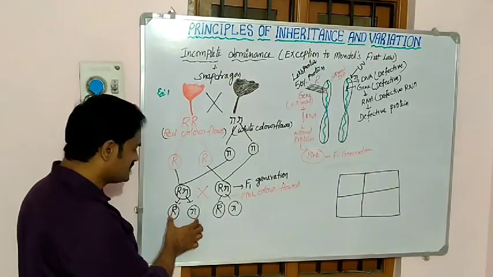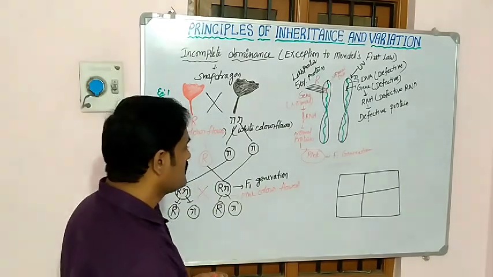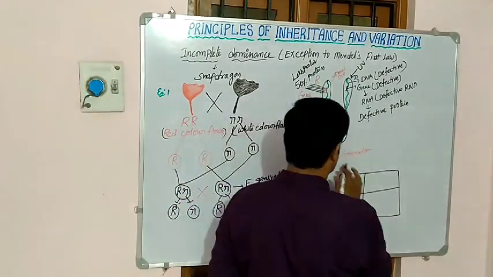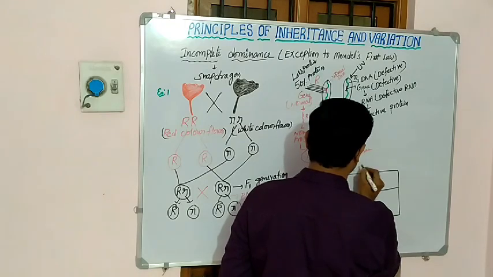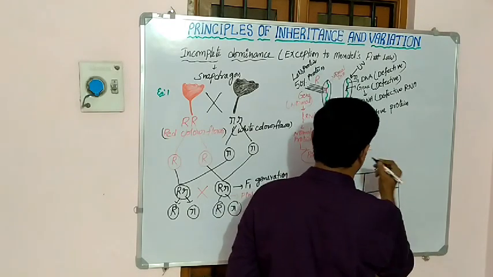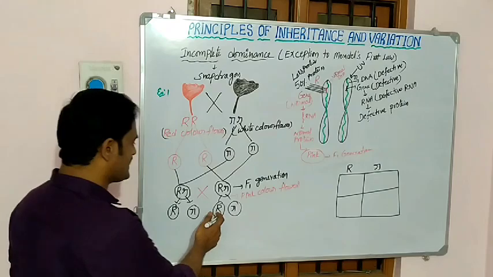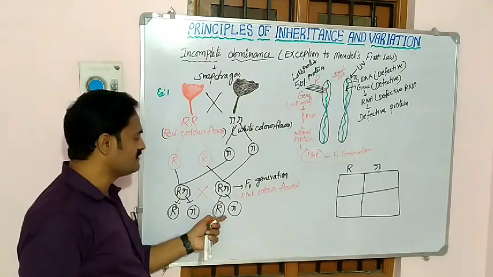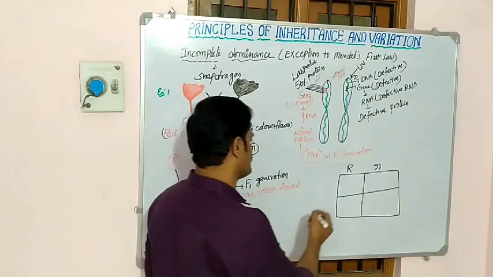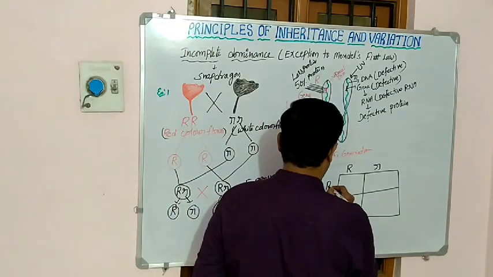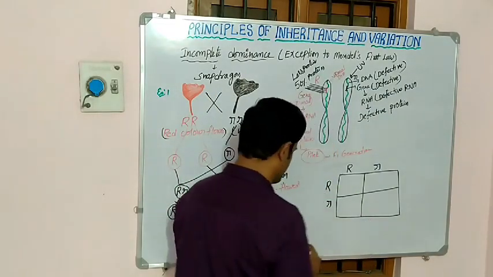First I will take these two gametes and write them on the top of the Punnett square: capital R and small r. The second type of gametes I will write on the left hand side of the Punnett square: capital R, small r.